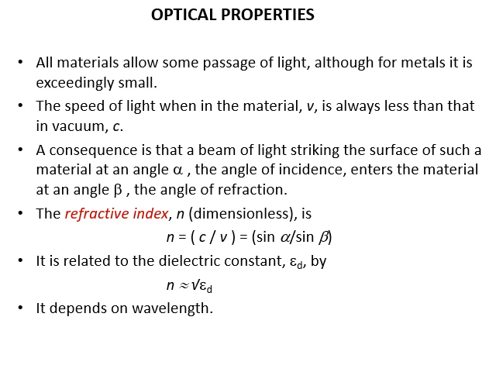As a consequence, a beam of light striking the surface of such a material at angle alpha, the angle of incidence, enters the material at angle beta, which is the angle of refraction.